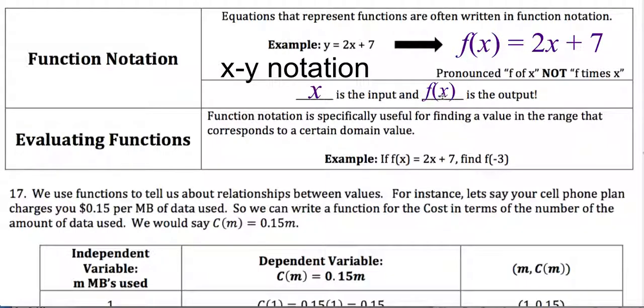So we use f of x a lot to evaluate functions. You do this a lot, but you call it substitution. Usually we say let x equal this and y equal that. But in this case, we're going to say f of x is equal to 2x plus 7. Find f of negative 3.